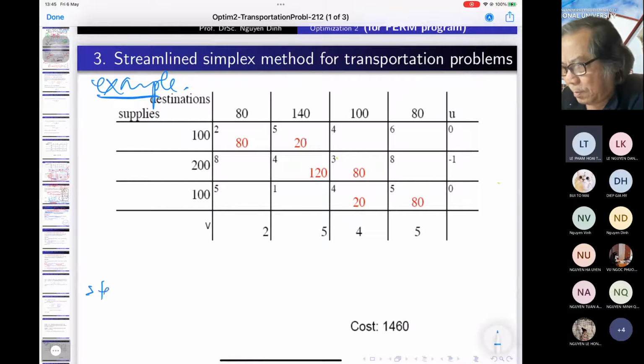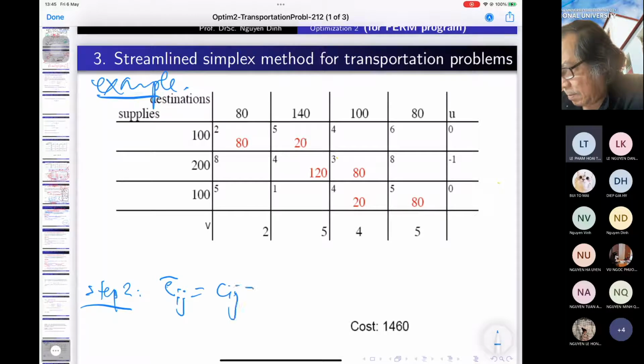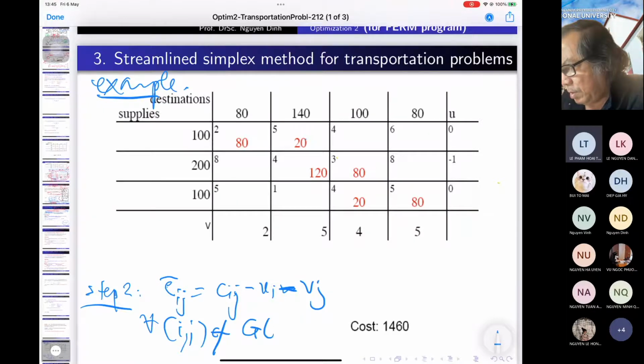Step 2: the first thing is to calculate for all IJ that do not belong to GX. Is that okay?